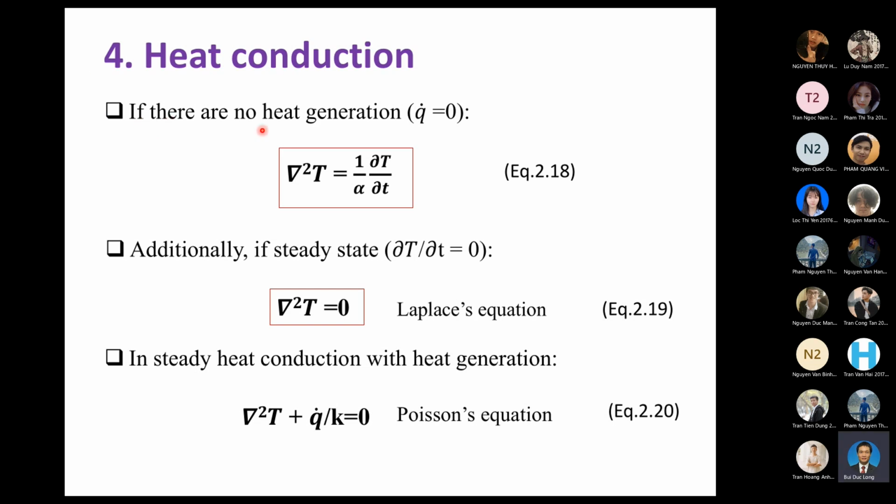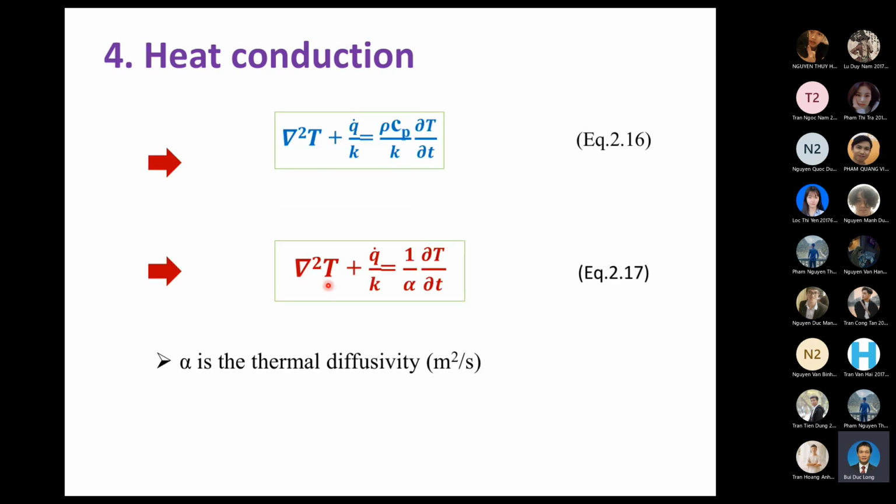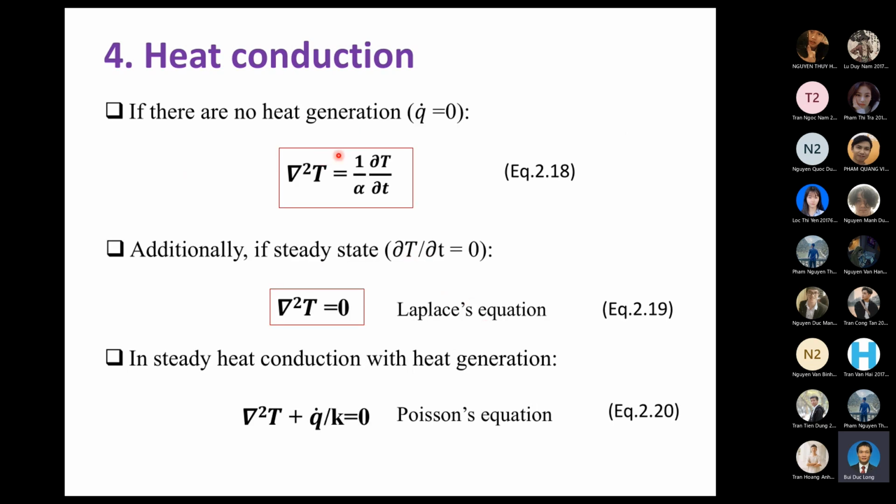If there is no heat generation, then Q will be 0, so we can drop this term, and the formula becomes simpler. So we have the Laplacian of T here.